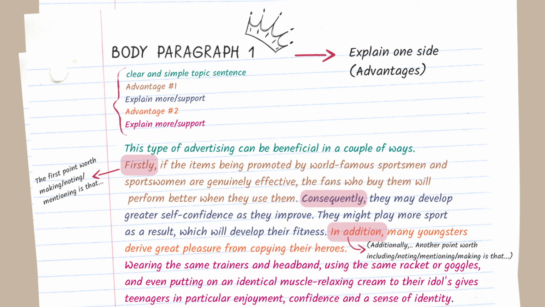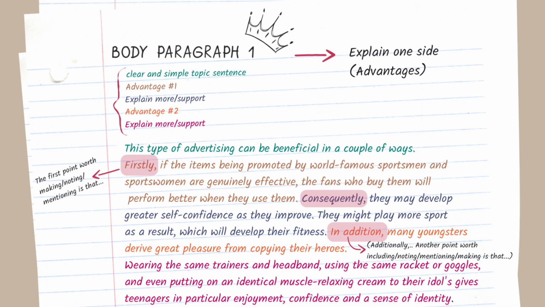All right, so I'm giving some examples that, when someone uses or wears these items that are advertised by their heroes or idols, they feel enjoyment or confidence or a sense of identity from these items. So this is the way that I provide support to expand or explain my second advantage. All right, that's the end of our first main body paragraph.